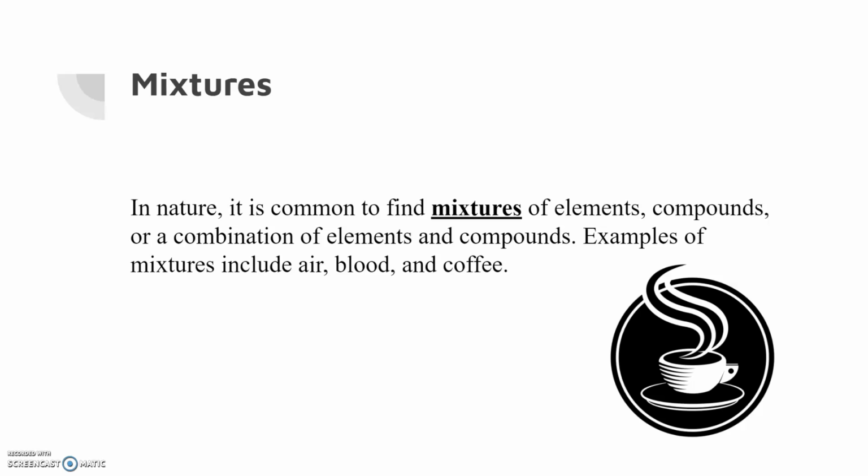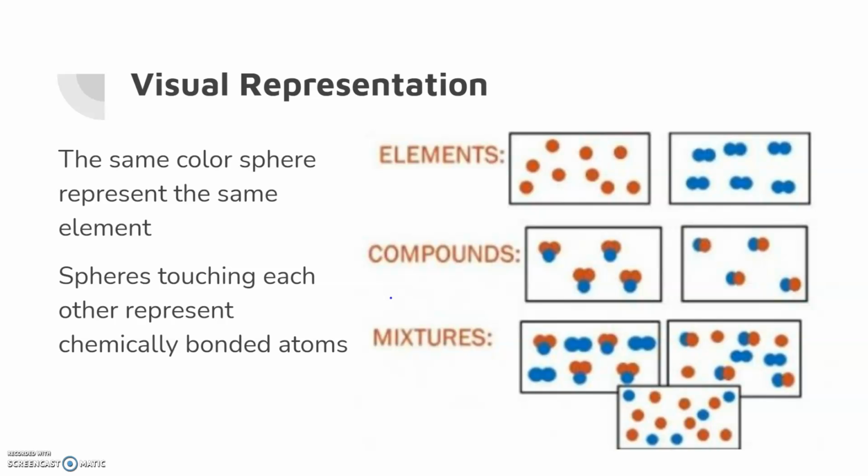In nature, most things exist as mixtures. They could be mixtures of just elements or mixtures of just compounds, or you could have mixtures that had some elements and some compounds. When I try to visually represent this, I can do that with spheres, with each sphere of a different color representing a different element.